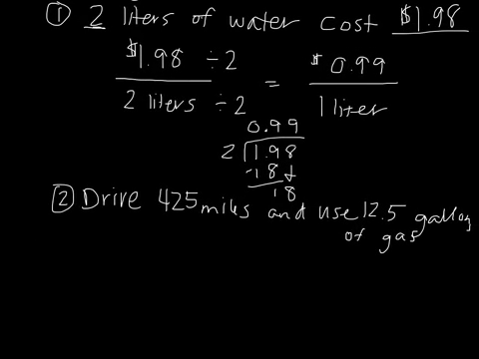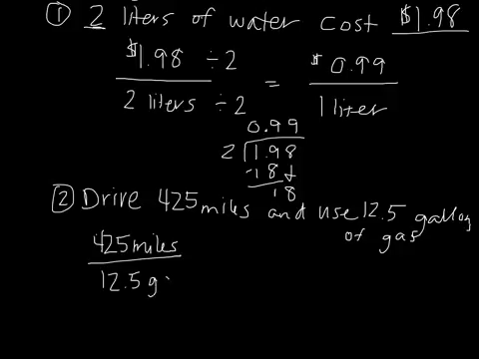Here we go. All right, so if we think about it, we usually talk about miles per gallon. Okay, so we want to know how many miles can I go on 1 gallon of gas, miles per gallon. So I'm going to put 425 miles on top per 12.5 gallons.